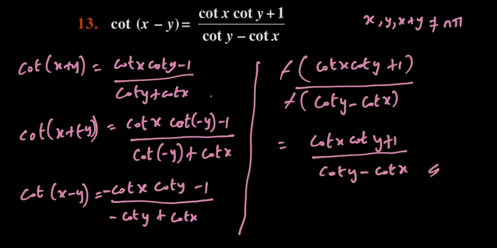So cot of x minus y is cot x cot y plus 1 by cot y minus cot x. If it has a negative sign, the numerator has a positive sign. It is x minus y, the denominator is y minus x. So the product of the terms will come in the numerator for the cot function, and the product of the terms will come in the denominator for the tan function.